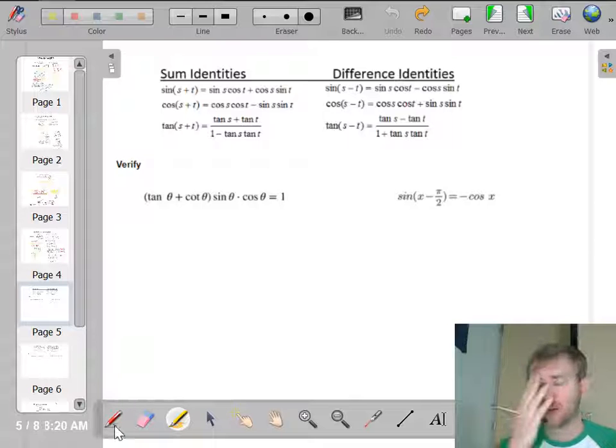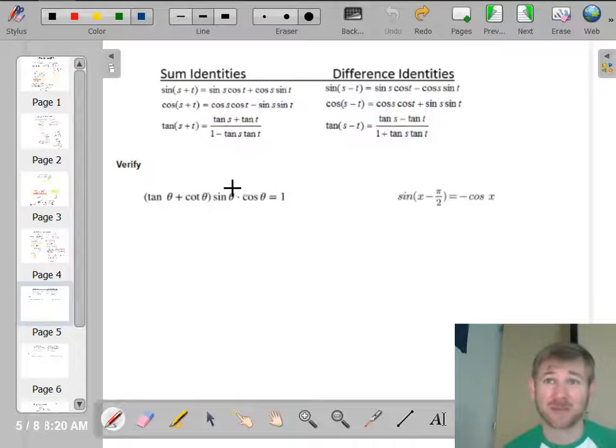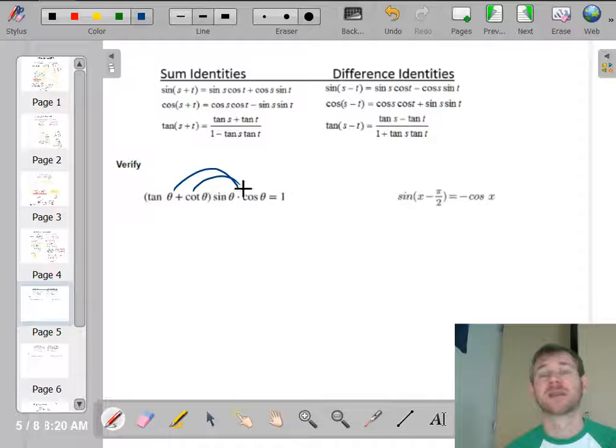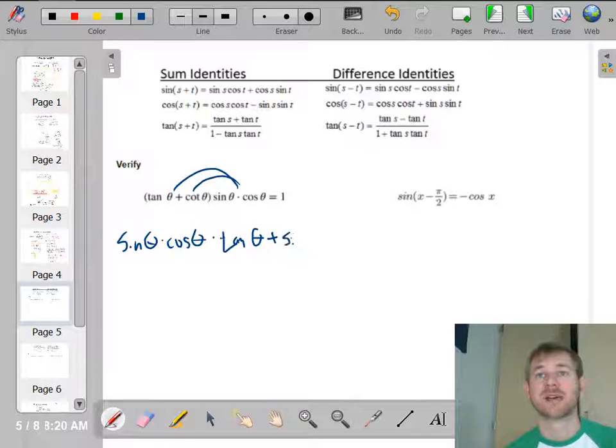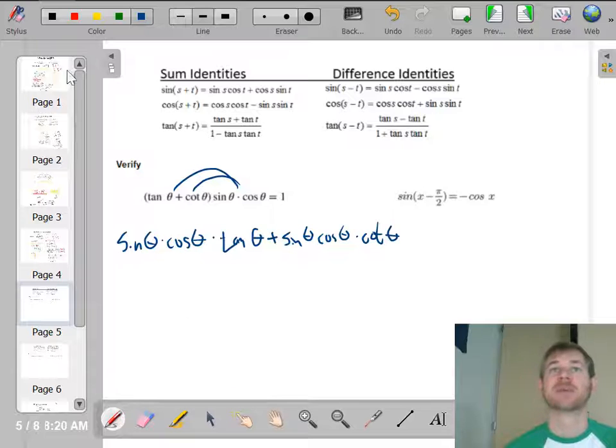And I think what I'm going to do first is I'll probably just distribute. So I'm going to multiply this whole thing. This is a product. So this would be the sine of theta times the cosine of theta, which I'm going to multiply by tangent. So tangent of theta plus the sine of theta, cosine theta times cotangent. Okay, now let's make everything in terms of sine and cosine, see what happens.